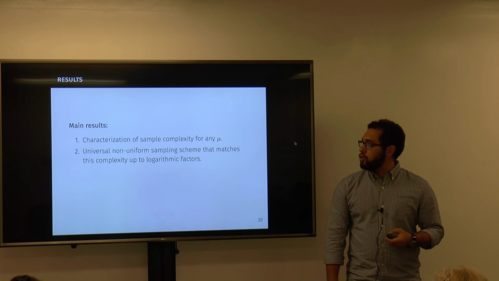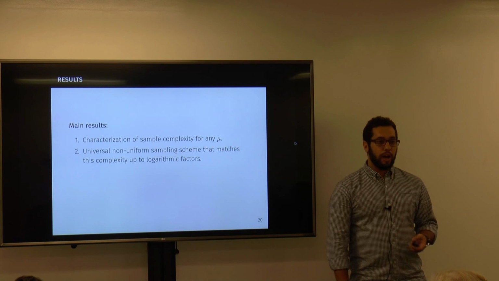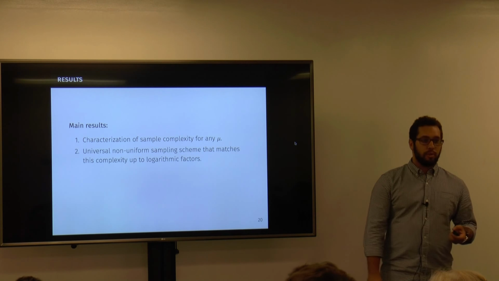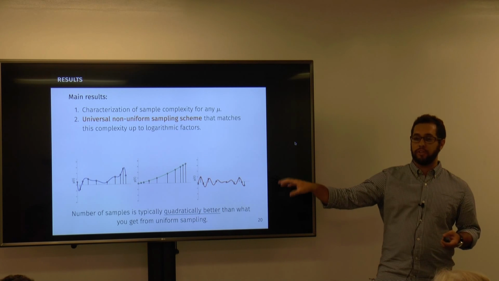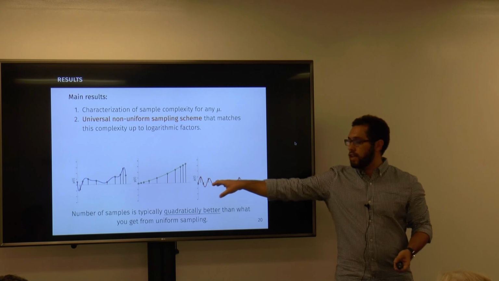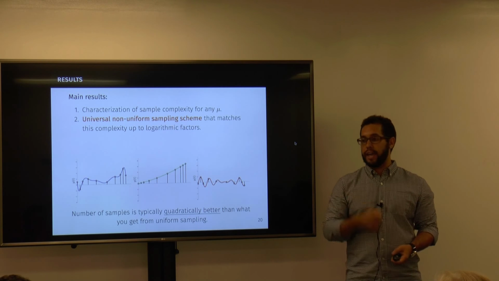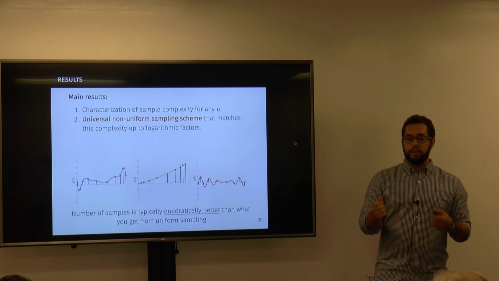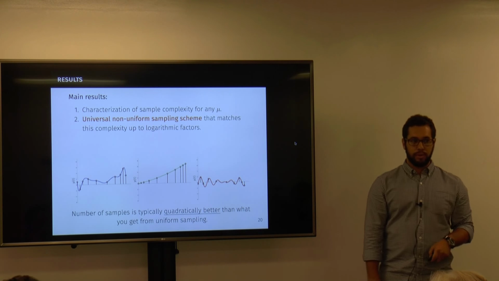And there's a universal non-uniform sampling scheme that matches this complexity up to logarithmic factors. When I say universal, I mean it doesn't depend at all on what your prior is, or on what your function looks like. There's just a fixed function that has higher density near the edges of the intervals. If you sample by that, you can provably solve any problem in this class of power spectral density constrained Fourier function fitting problems. So I have a question.